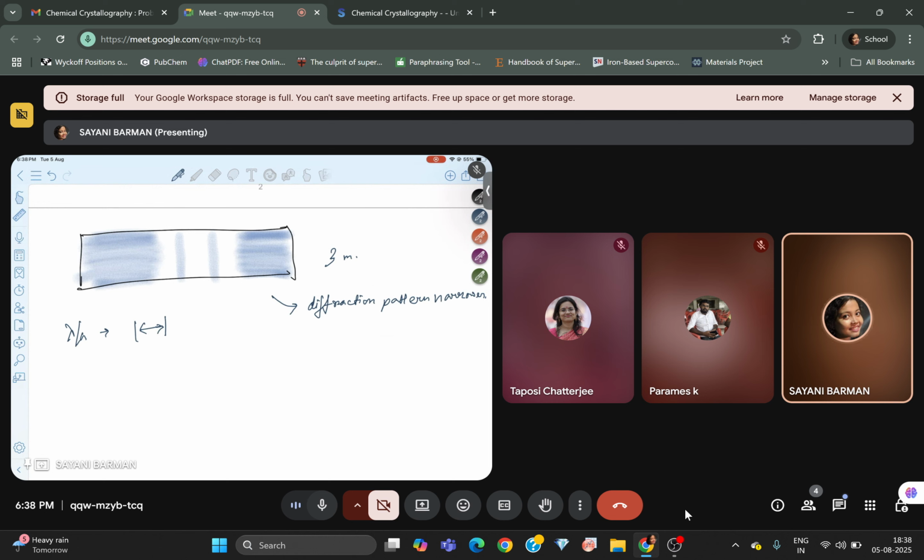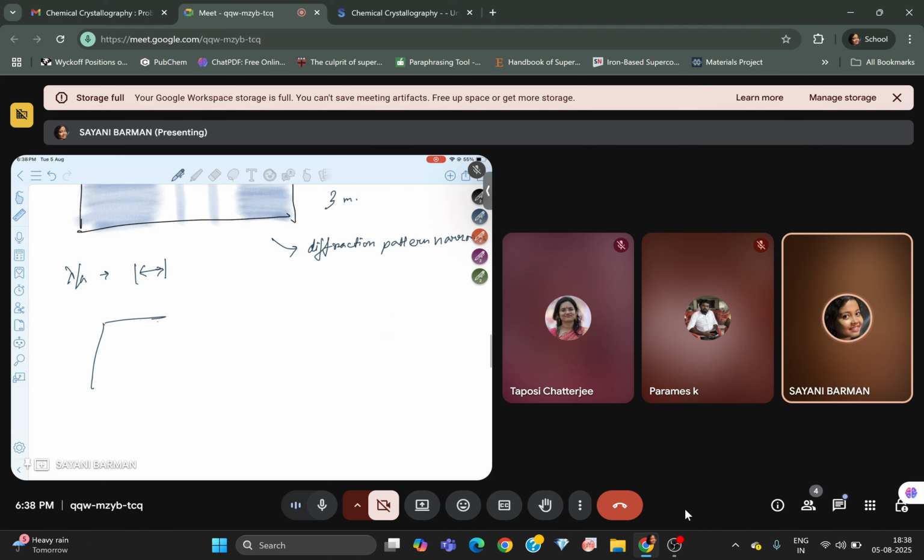Like in your pictures, if this is a glass, these arrows going through are a large number of parallel and closely spaced lines getting transmitted. But in crystals the process is 3D. Let's say this is a crystal and X-rays are coming like this, and it's not transmitted only like this, it's transmitted in all directions.